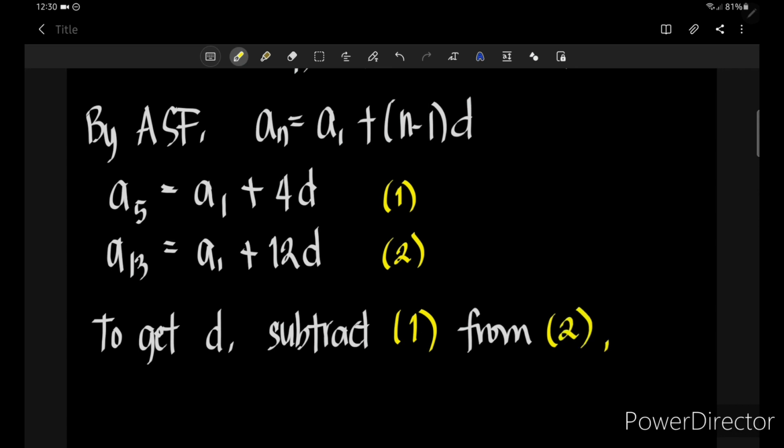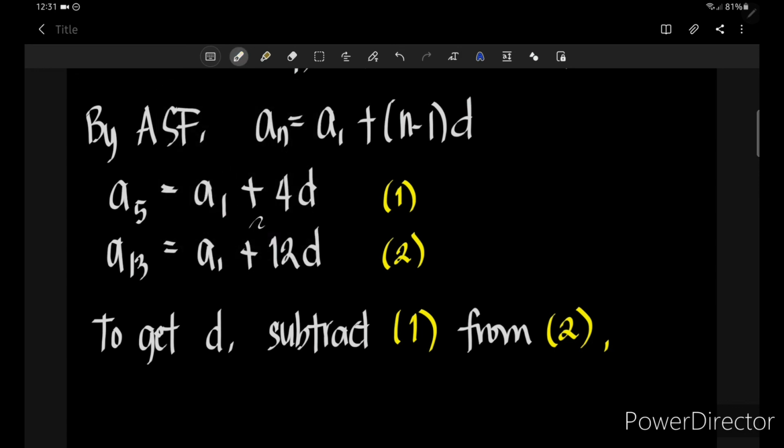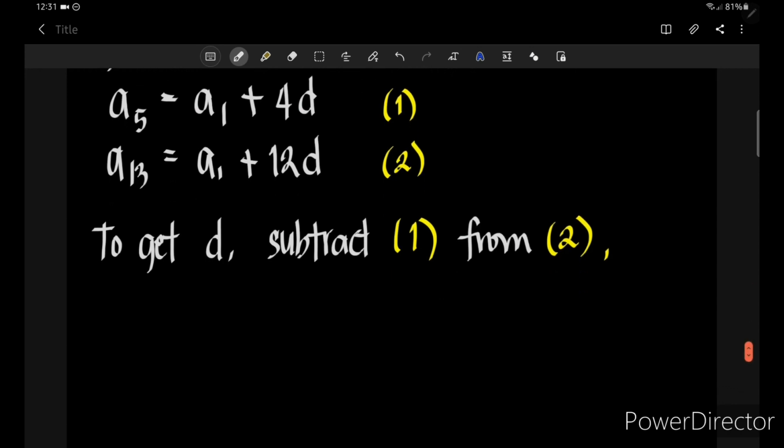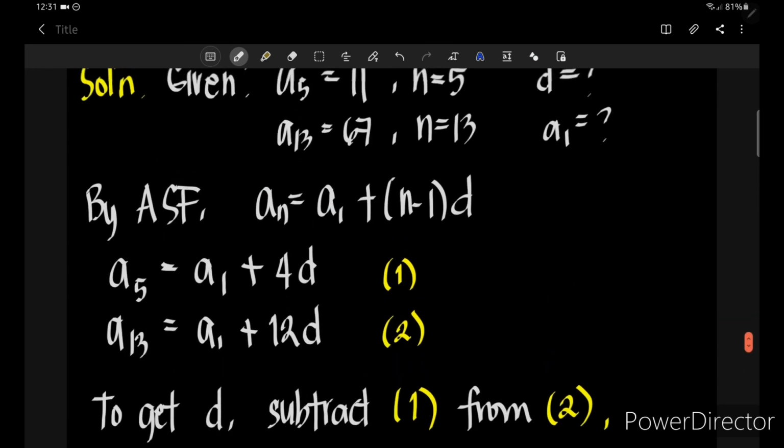Okay. Bakit natin isa-subtract? Kasi kapag nag-subtract tayo, classmates, madali nang mawawala yung a sub 1. Eliminated na siya. Right? So, meron tayo ditong a sub 13. A sub 13 is given, so that is 67. A sub 5 is also given, which is 11.